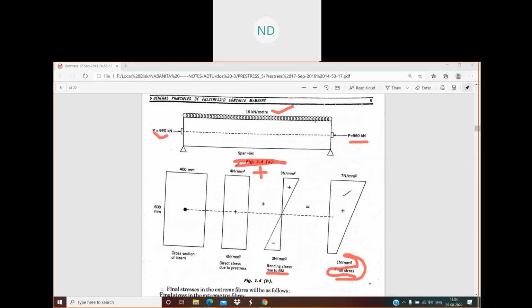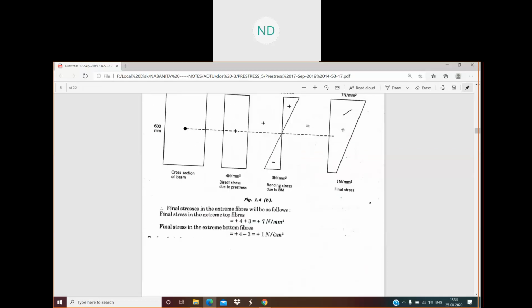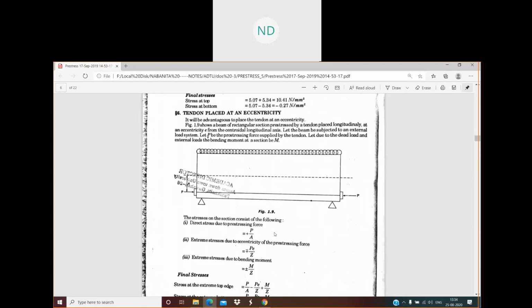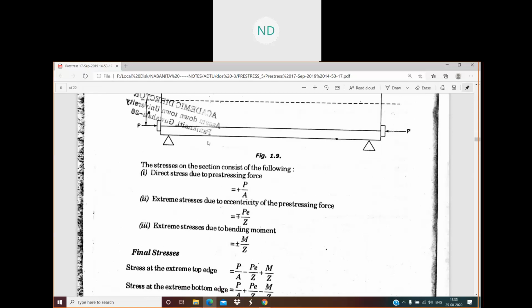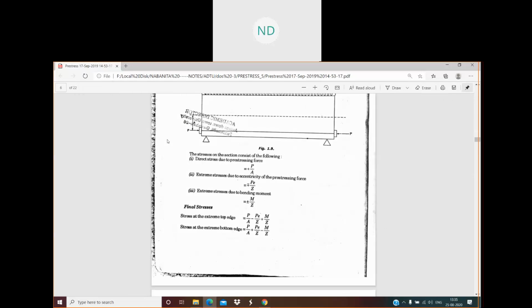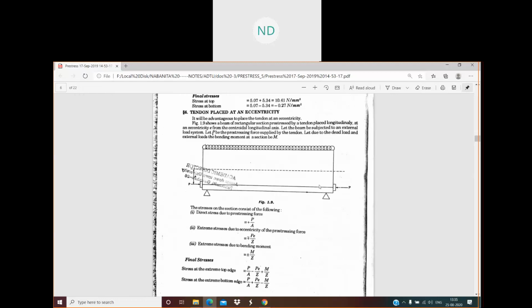Okay, so now this was a concentric tendon. Now the next question: tendons placed at eccentricity. When you have an eccentric loading, if you see here, this is the tendon.